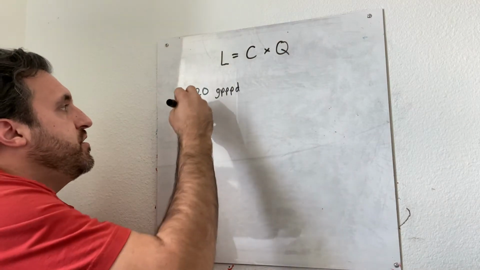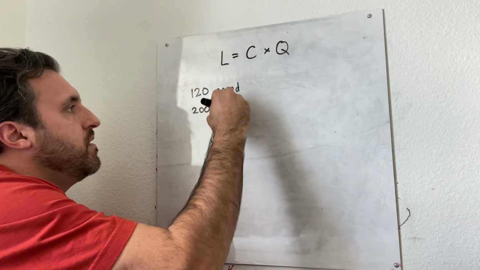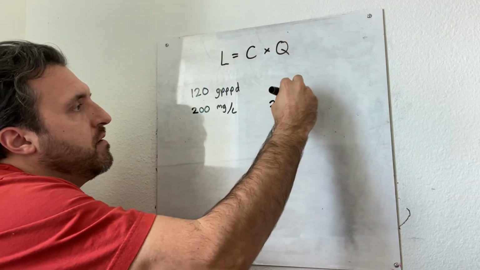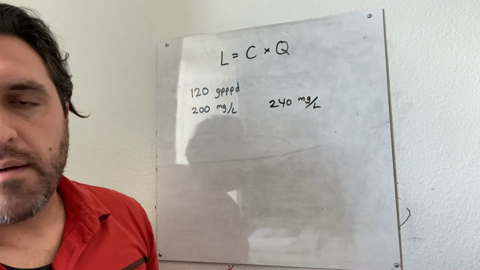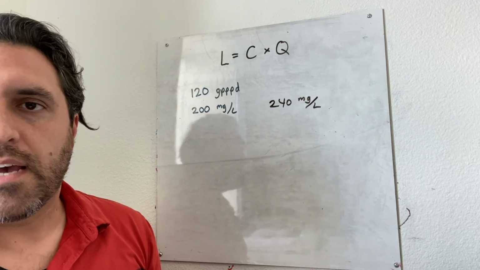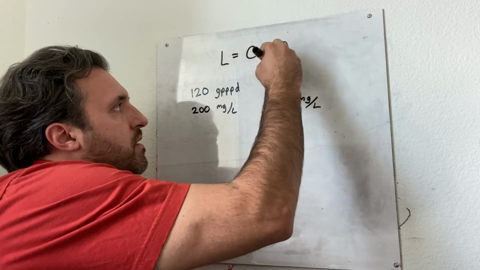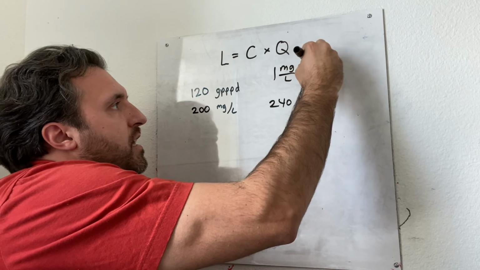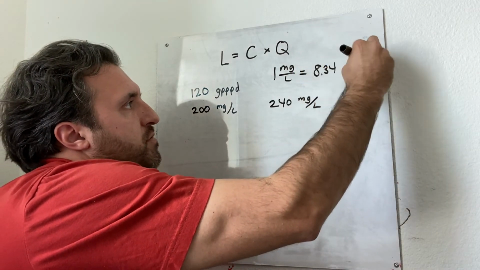And we've got a concentration of 200 milligrams per liter BOD, 240 milligrams per liter TSS. Perhaps the trickiest thing with this type of problem is the conversion between English and SI units. So you can just remember that 1 milligram per liter is equivalent to 8.34 pounds per million gallon.